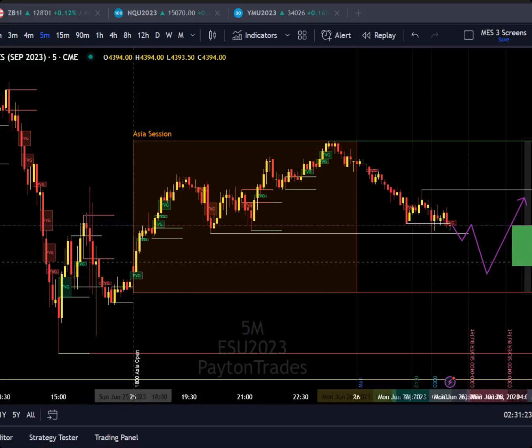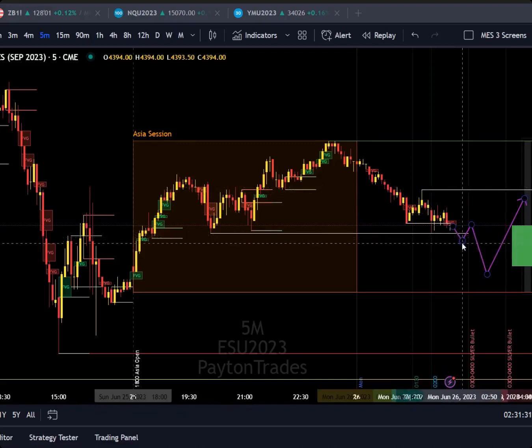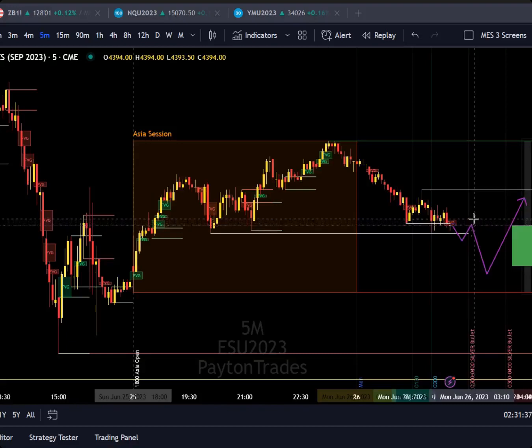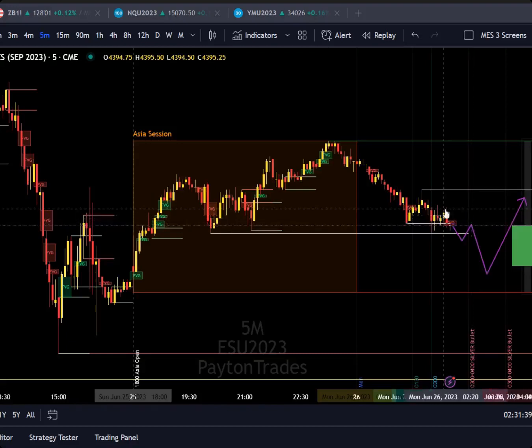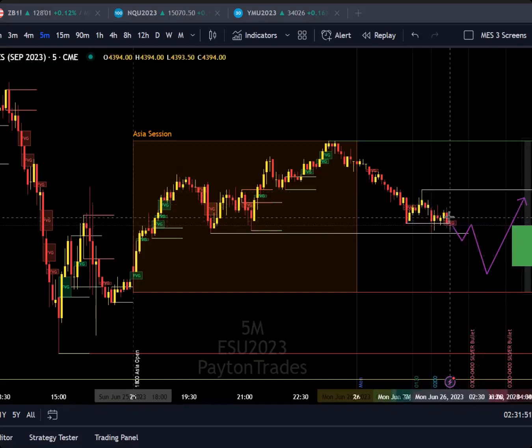I'm looking for my setup. I don't see anything yet. And my setup is it breaks a high or a low, price comes back and closes within the range. Then it moves up, breaks a short-term high, creates a market structure shift, tells me price is moving up because now it's breaking highs, creates a fair value gap.